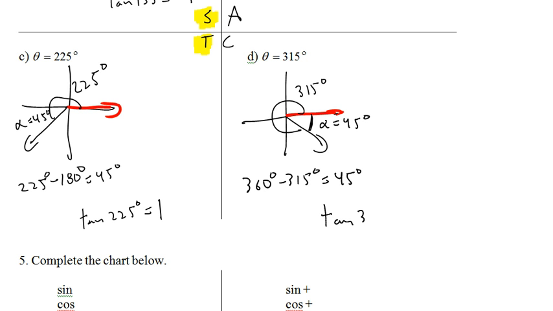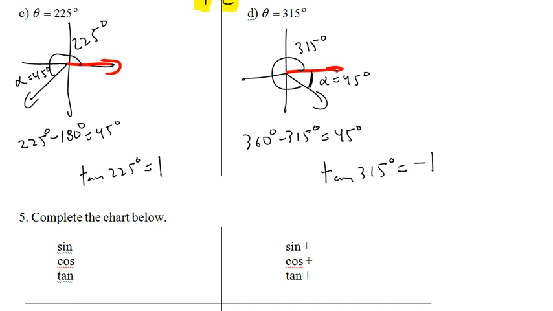So tan of 315 is going to equal tan 45 except for the sign. C tells, oops, didn't mean to scribble that out, I meant to highlight it. C, cosine is the only thing that's positive in this quadrant, which means tan must be negative, so tan 315 must be negative 1. Okay, and there's just space for a quick summary down here.